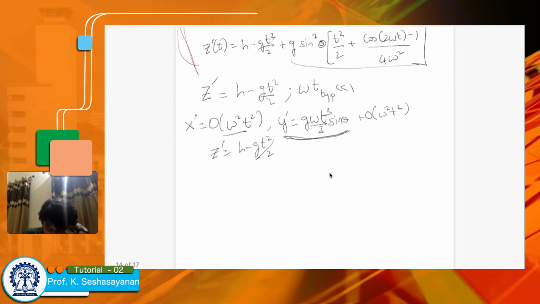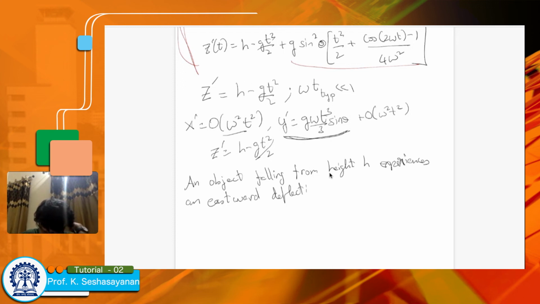From this, we say that an object falling from height h experiences an eastward deflection of g omega t cube by 3 sin theta.